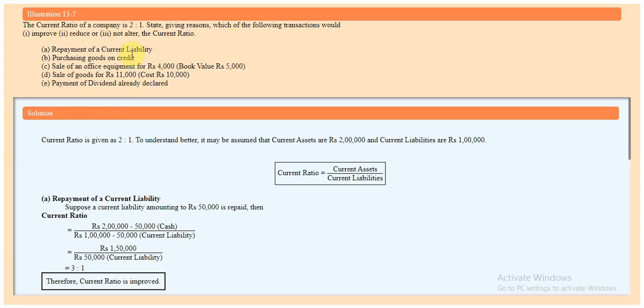So we have to see for each of the cases given here if this will increase the current ratio, reduce the current ratio, or have no impact on it. Just for our understanding, the current ratio is given as 2:1. So to understand better, it is assumed that current assets are 2 lakh and current liabilities are 1 lakh. With these numbers, we will be able to understand the problem better.